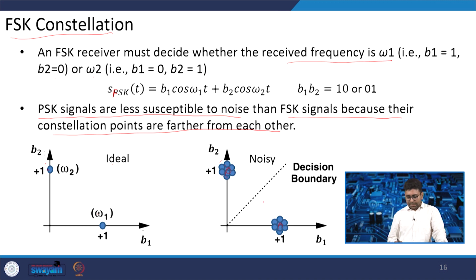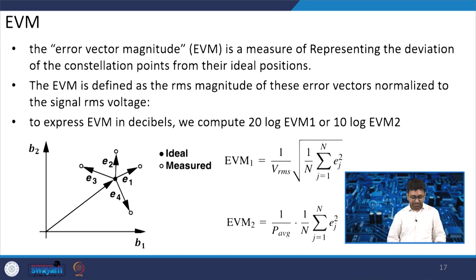So, when we try to put the threshold to detect the ones and 0s, this is the decision boundary or decision threshold. We do not have sufficient room for detection, and that is why PSK signals are less susceptible to noise than FSK signals, because their constellation points are farther from each other. So mostly PSK is widely used compared to FSK signaling.